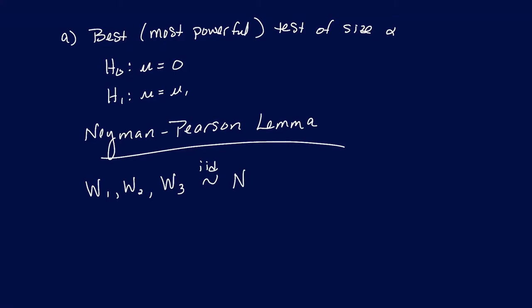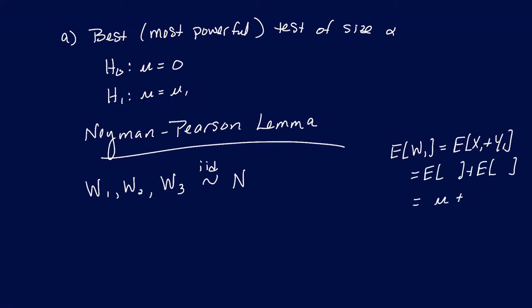So they're normal again. And if you look at, say, the mean for W1 or Wi, this is the mean for x1 plus y1. And you can run the expectation across. And the mean for x1 is mu, and for y, it's 0. So we get mean mu, and we get that in the case for Wi, i equals 1, 2, or 3.